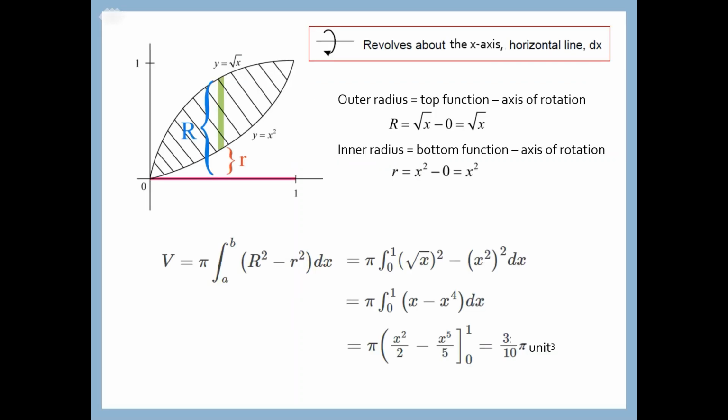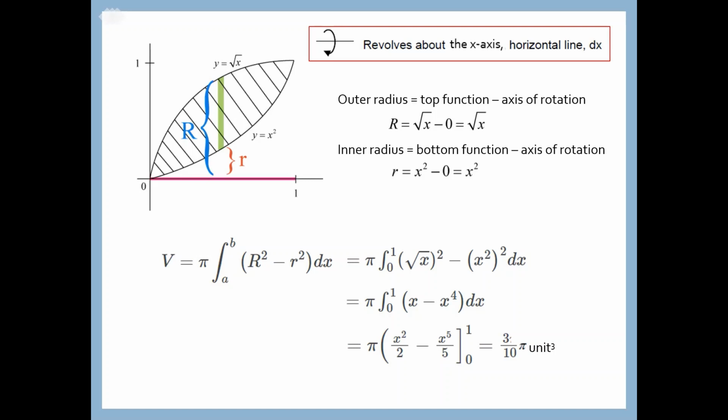To solve, first we need to identify the outer radius and the inner radius for the solid of revolution. As the graph is rotated about the x-axis, we need to integrate with respect to x, meaning the function must be in terms of x.